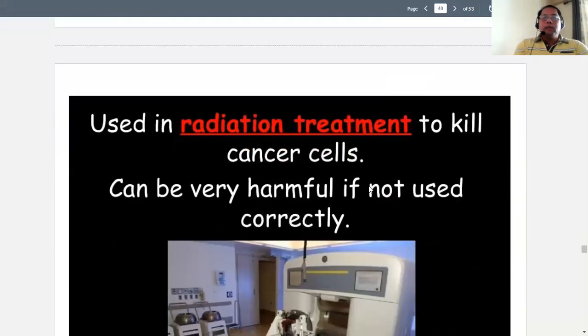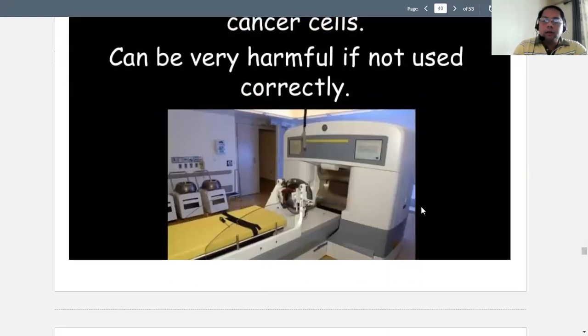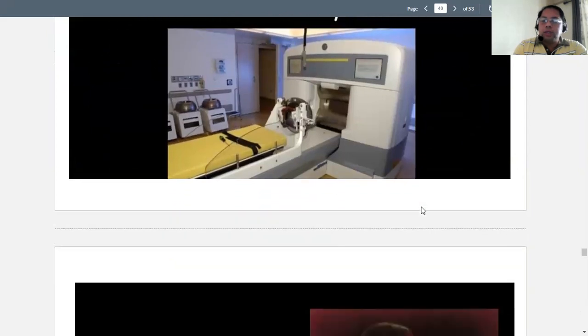But I think gamma radiation, if they control it, can also be used to kill cancer cells, or it can be used to sterilize a surface. But I think we just settled on ultraviolet because the energy of ultraviolet is less. But again, gamma rays can be very, very harmful if you are not able to control it.